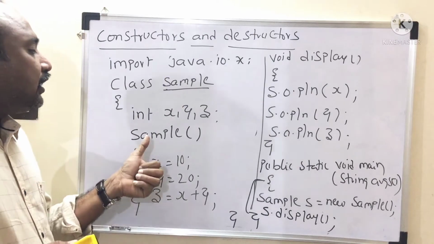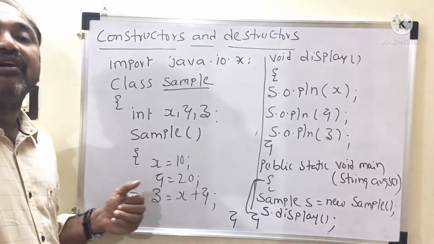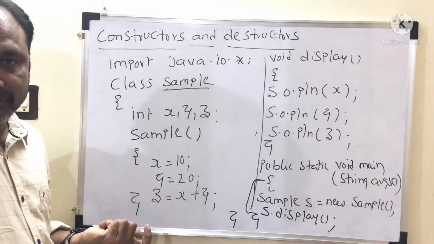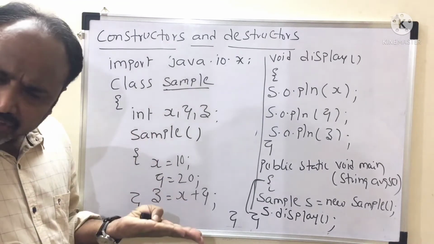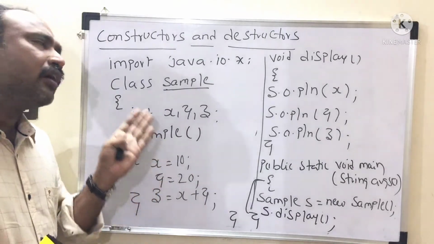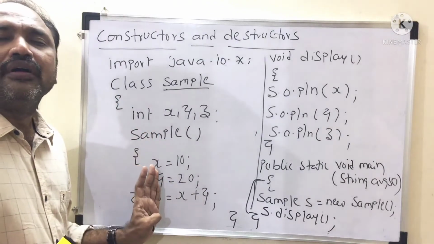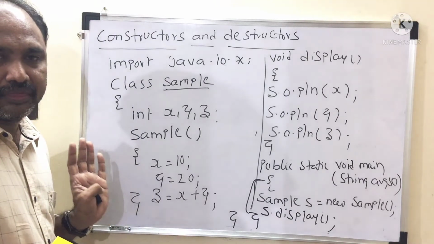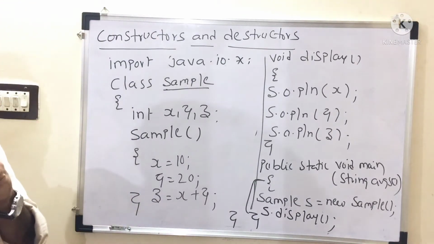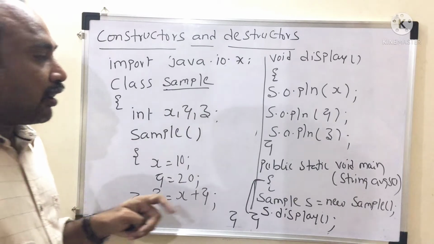Third point, it is used to initialize objects or variables. Both are the same. Third property is the purpose of a constructor. The purpose of a method is to initialize variables. The purpose of a constructor is also to initialize objects. Fourth point, a very important point.